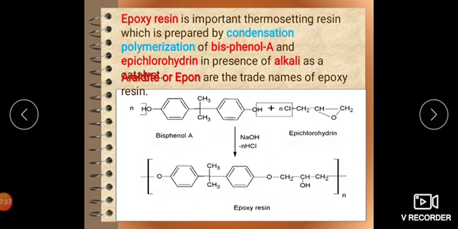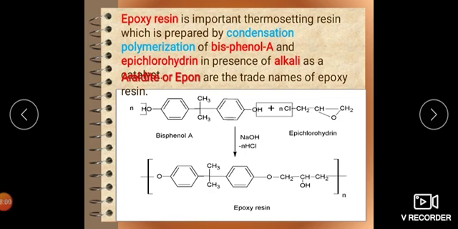This synthesis actually has three steps: synthesis of epichlorohydrin is one step, synthesis of bisphenol is the second step, and after that, condensation between these two monomers in alkaline medium forms epoxy resin.